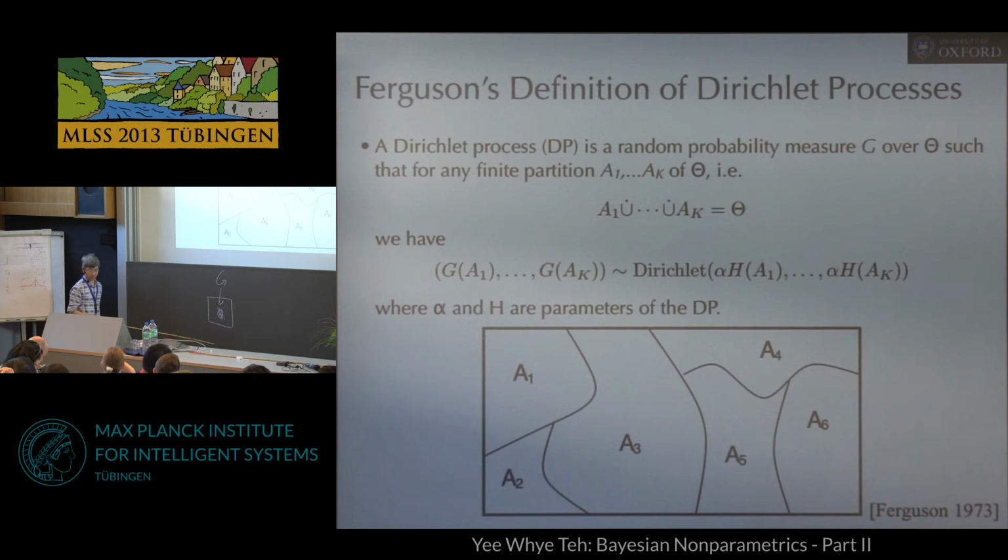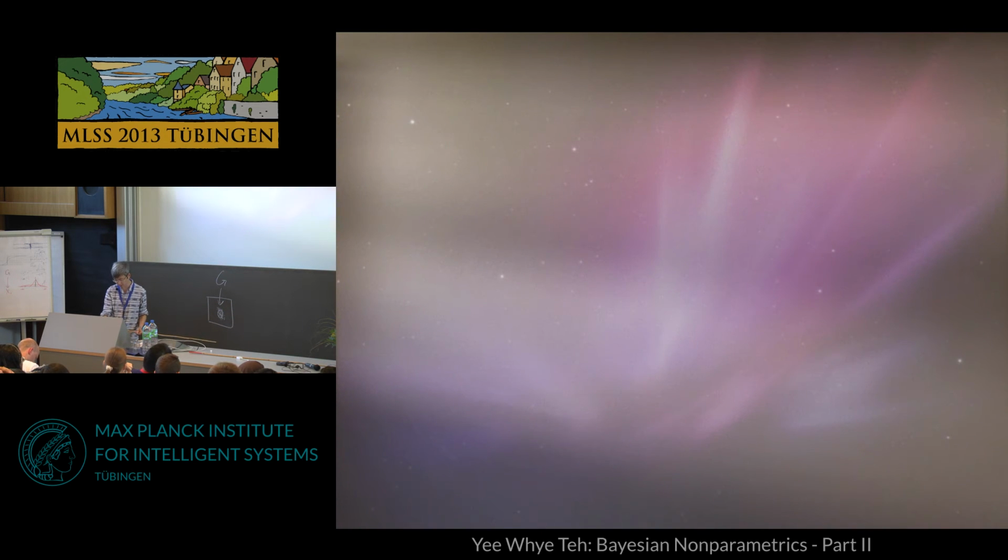So if you look at this, it's not really clear how we actually get the atomic nature of the Dirichlet process from this definition. But if you try to draw from this, you can see what happens.